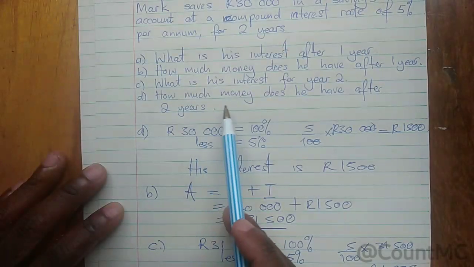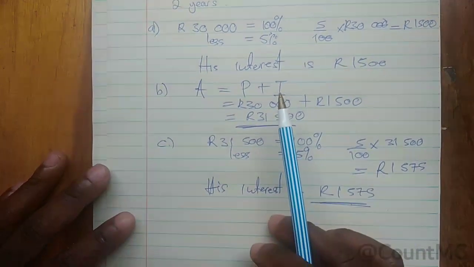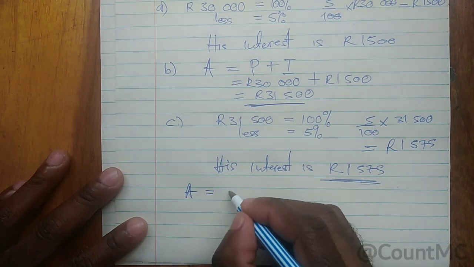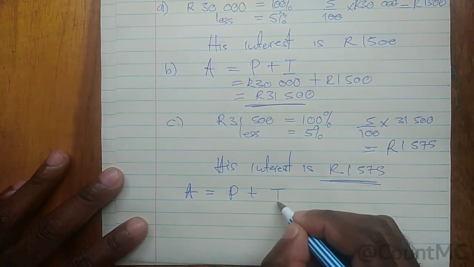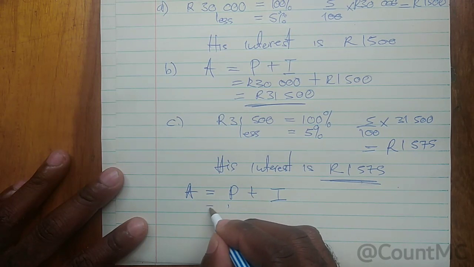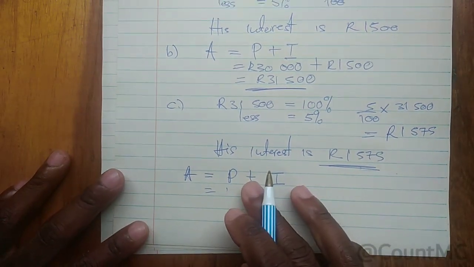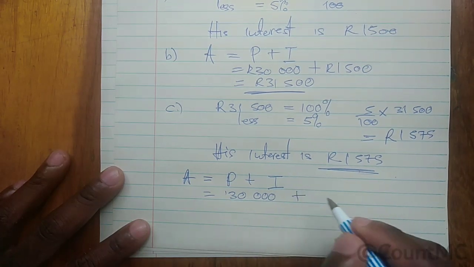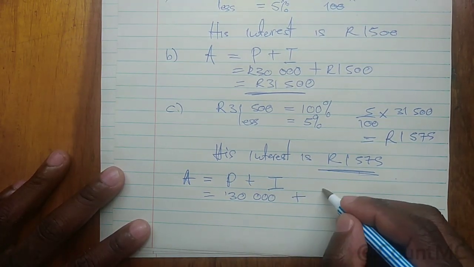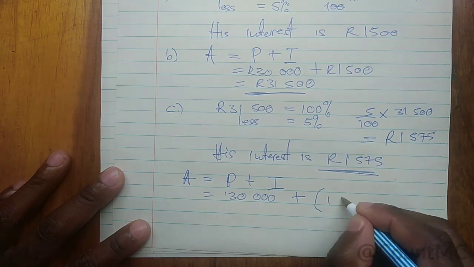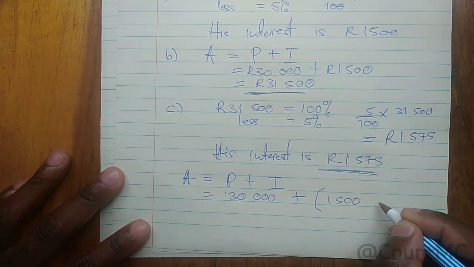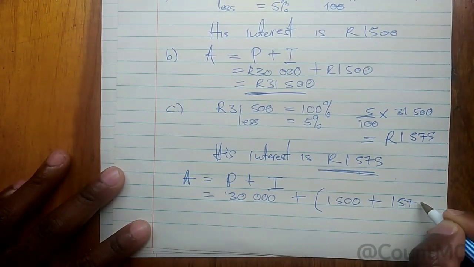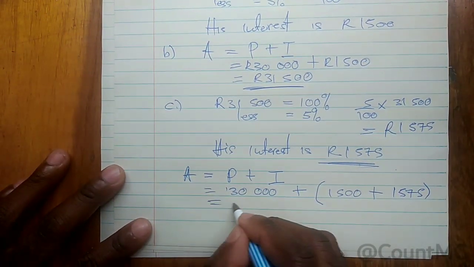So D, how much money does he have after 2 years? So amount is equal to principal plus the interest. So what is the principal? He put 30,000 rands plus the interest. There were 2 interests, 1,500 plus 1,575.